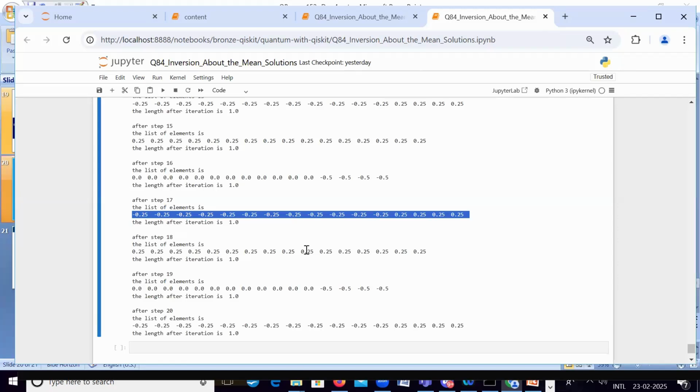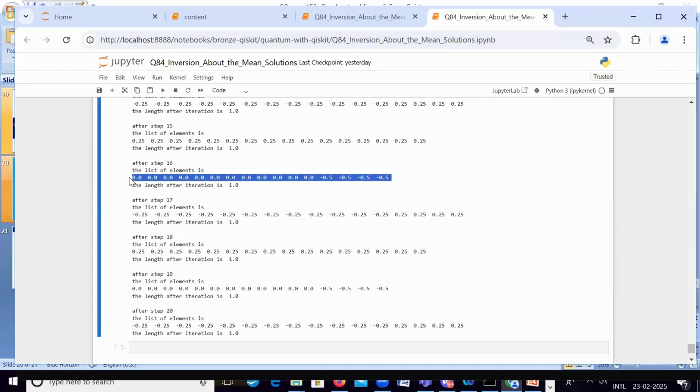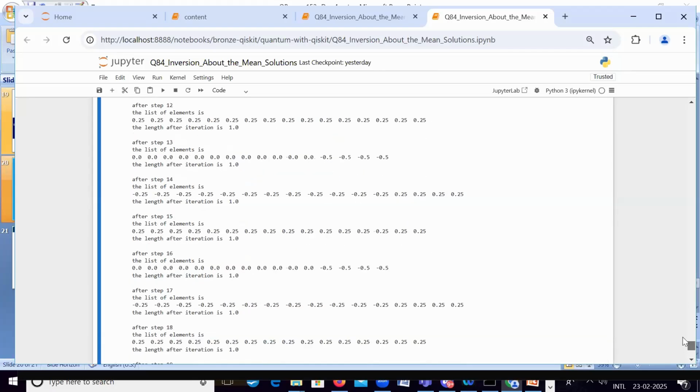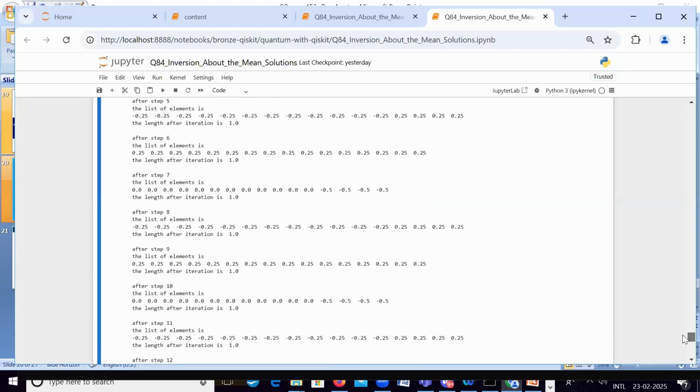First as this one, and in some places it is almost the same but not the same. These are the iterations. After 20 iterations or 20 steps, in each of these steps the length is always 1, and the list of elements is not always the same, they are always different. Some may be repeating as per the condition, but the overall set is not the same here. So this is being maintained here.